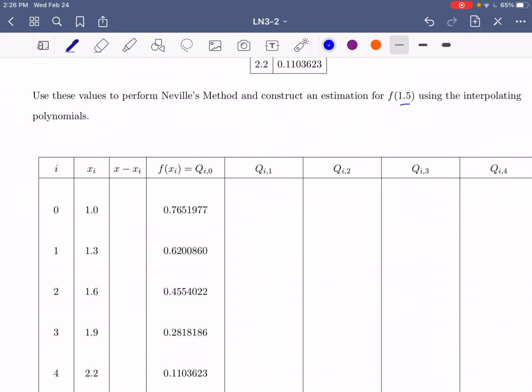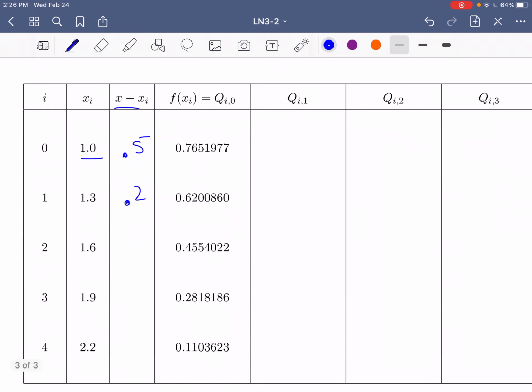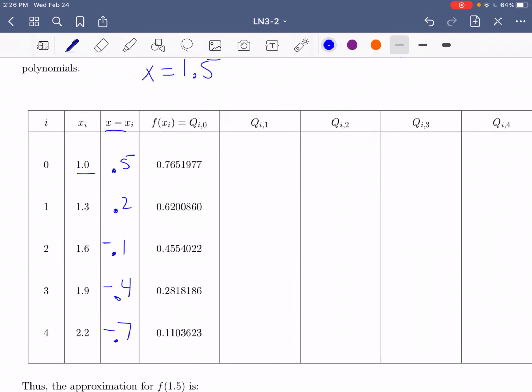And so what we're going to do is create this table. The x value here that we are going to be using is x equal to 1.5. And so when we take these differences, x minus x sub i, our first point is 1, so 1.5 minus 1 is 0.5. 1.5 minus 1.3 is 0.2. 1.5 minus 1.6 is negative 0.1, then negative 0.4, and negative 0.7.